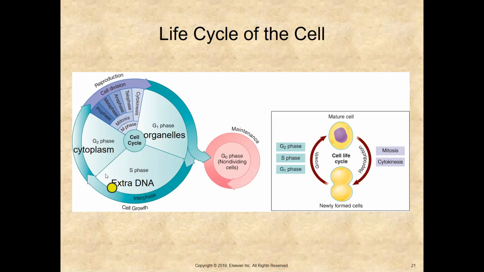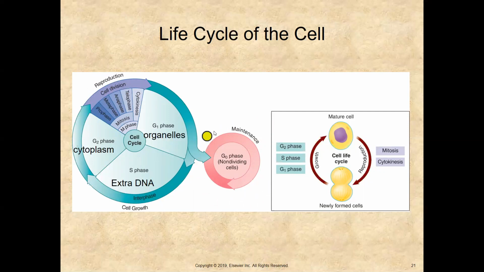So the DNA is going to replicate itself. It's going to unzip, and it's going to replicate itself so that the cell can grow more cytoplasm and organelles, and eventually then be concerned with reproduction for a little while, and then it will go through this phase again, if that's what the cell is destined to do. We call this interphase cell growth, where it's making DNA, cytoplasm, and organelles, and then we call it reproduction when it's actively concerned with splitting.